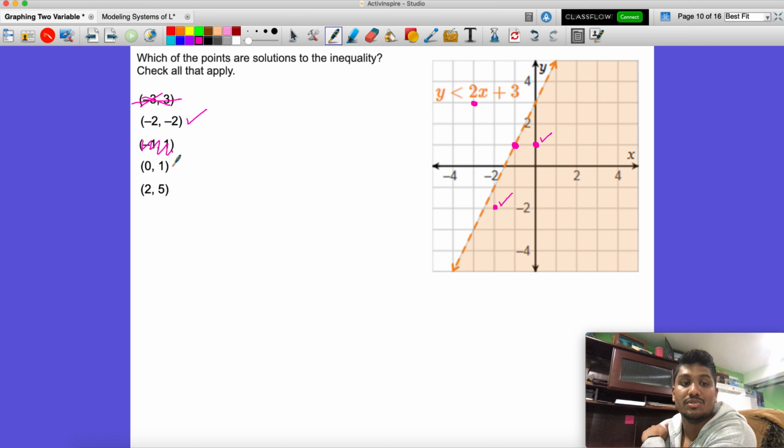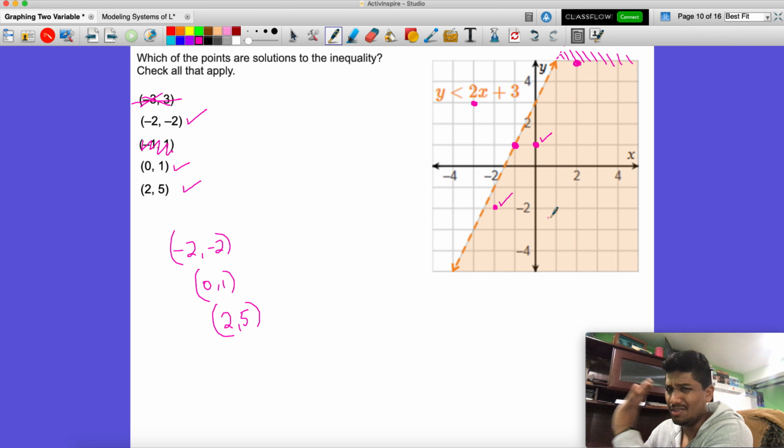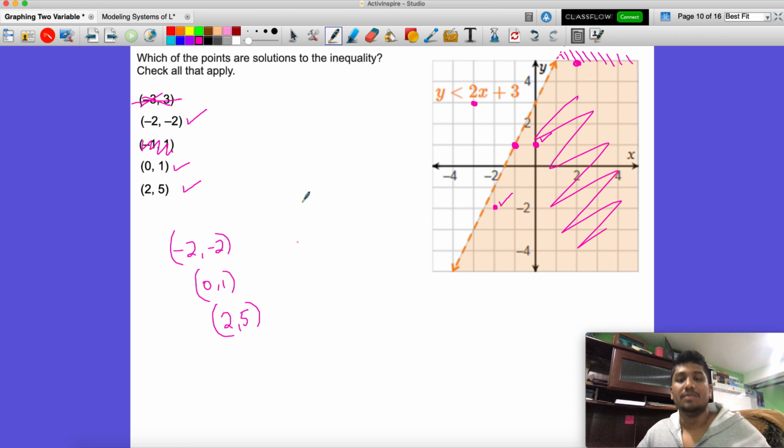Perfect. This one's good. 2, comma 5. Yes. It is a solution. Even if you were to extend this, see how it's going past, all of this gets shaded in. So it's just going to be -2, comma -2, 0, comma 1, and 2, comma 5. Now, in reality, these are all solutions, but just from what they gave us.